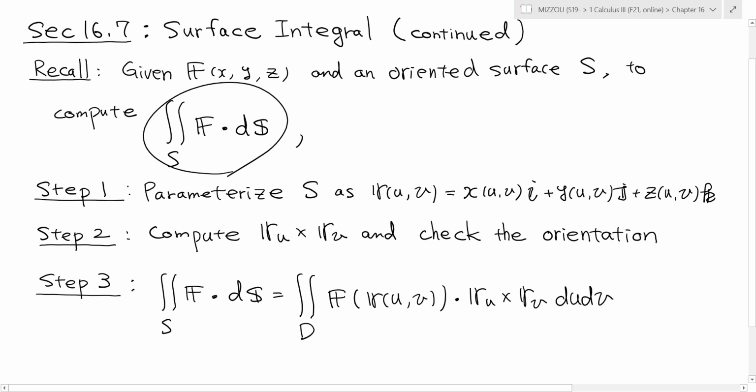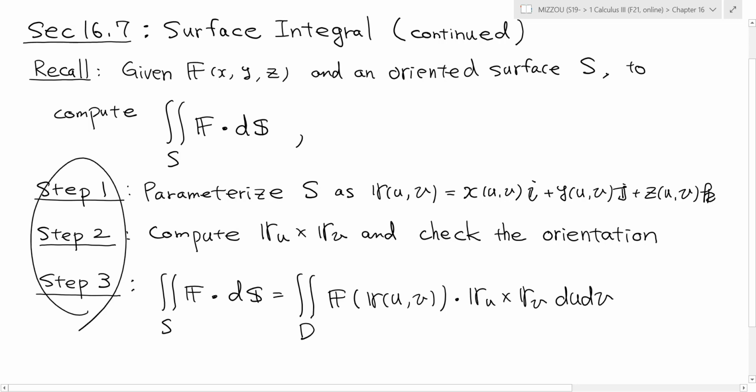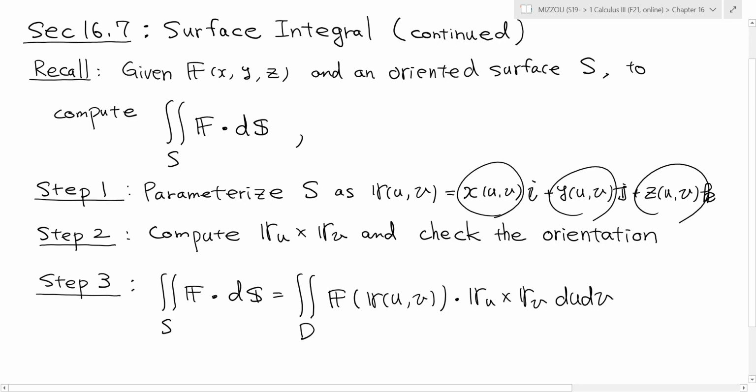denoted by this, but to compute it, there are basically three steps. The first step is to parameterize the given oriented surface by using parameters u, v, with r of u, v as a parametric surface, where the x component is a function of u and v, the y component is a function of u and v, and the z component is a function of u and v.